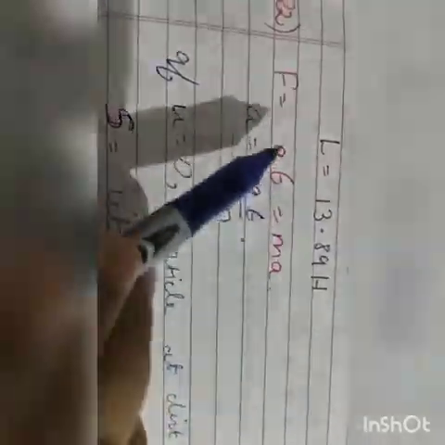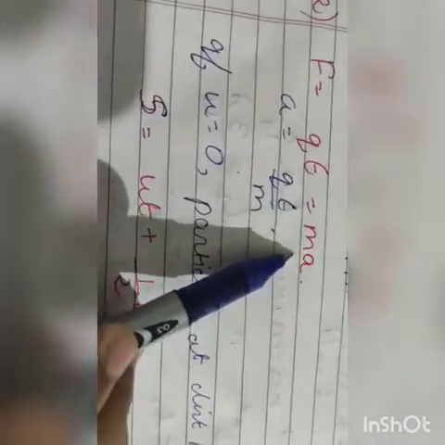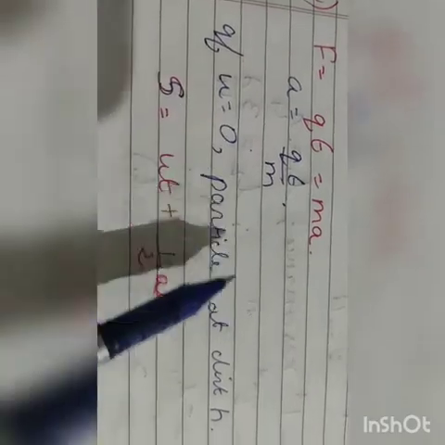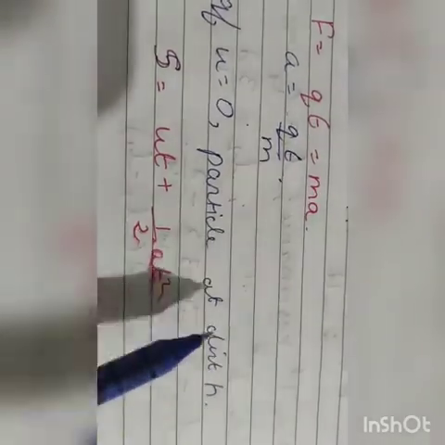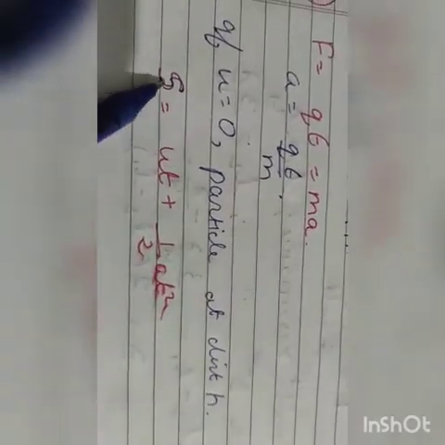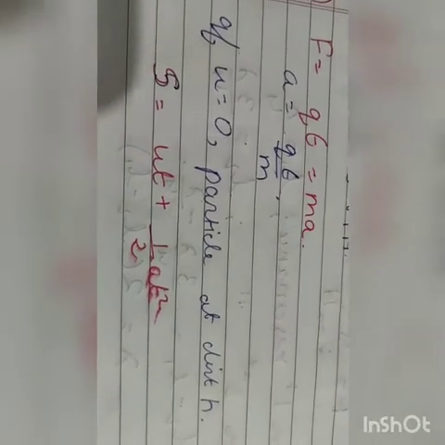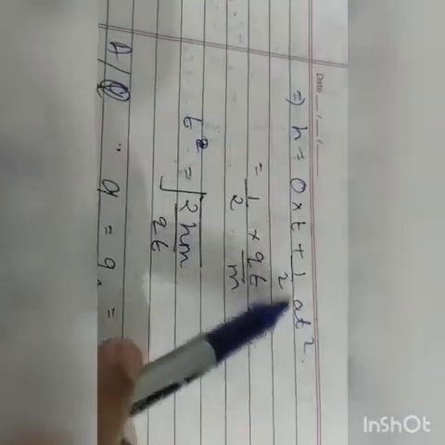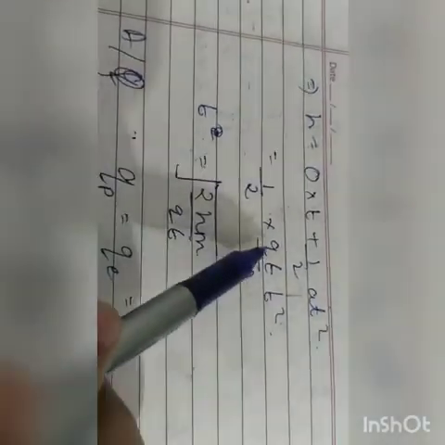We know that F is equal to qE and this is also equal to ma, so a is equal to qE by m. It is given that u is equal to 0, and the particle falls through distance s, so we will use the formula s equals ut plus half at squared. So u is equal to 0, so h equals 0 into t plus half a t squared, which is half into qE by m into t squared.